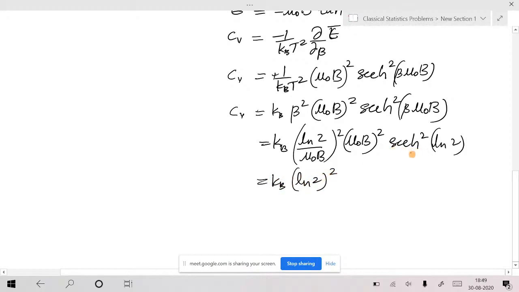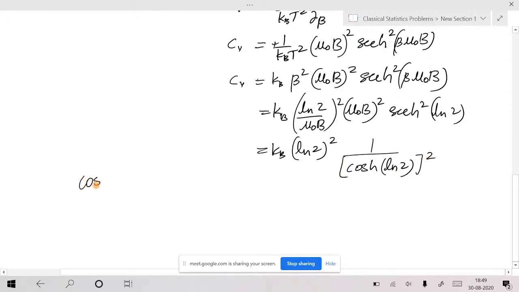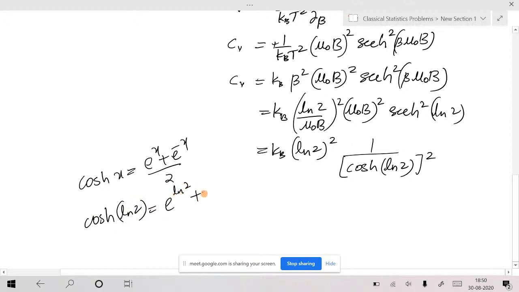What is this one? I have to evaluate this one: 1 by cosh of ln 2, the whole square. Cosh x is equal to (e power x plus e power minus x) divided by 2. So cosh of ln 2 is equal to (e power ln 2 plus e power minus ln 2) divided by 2.